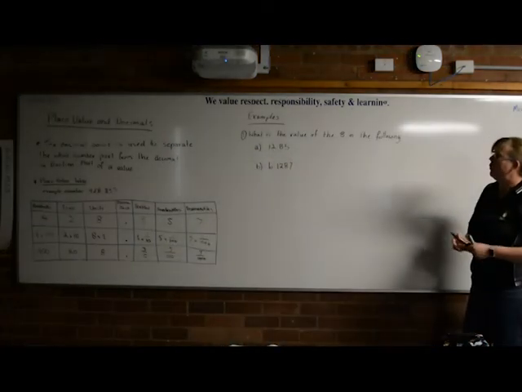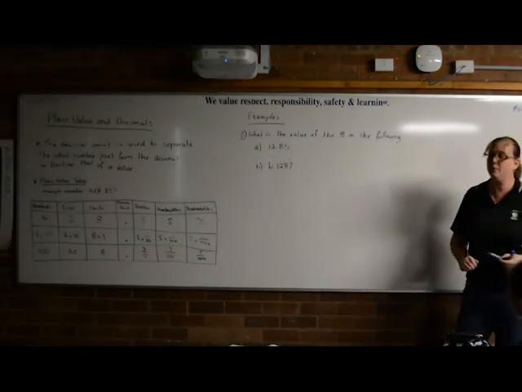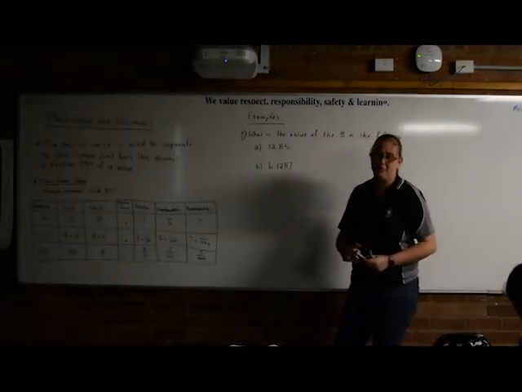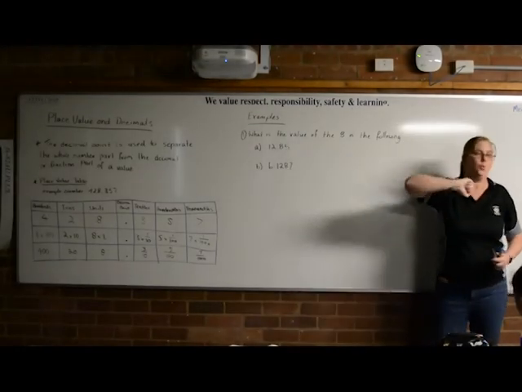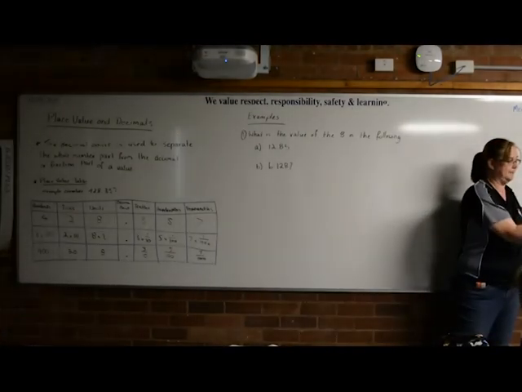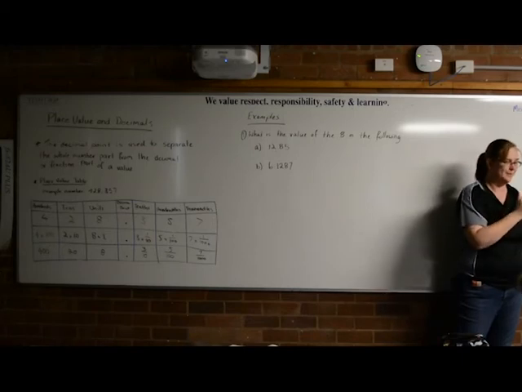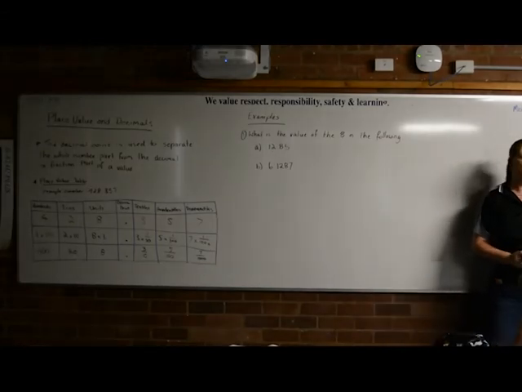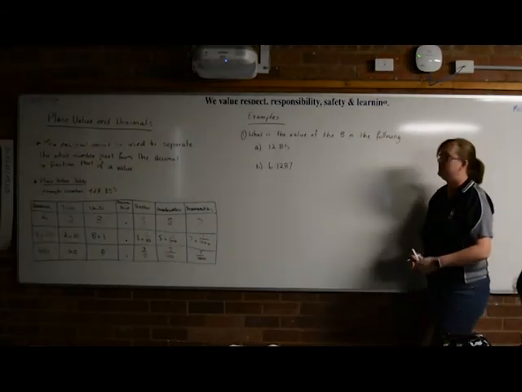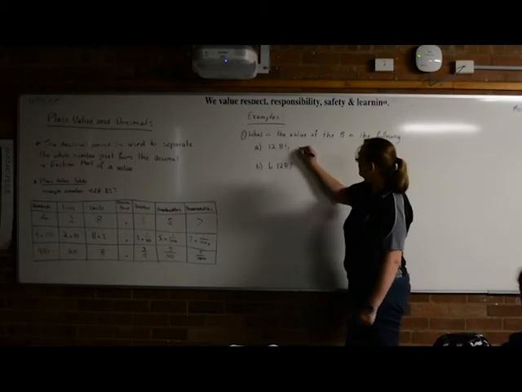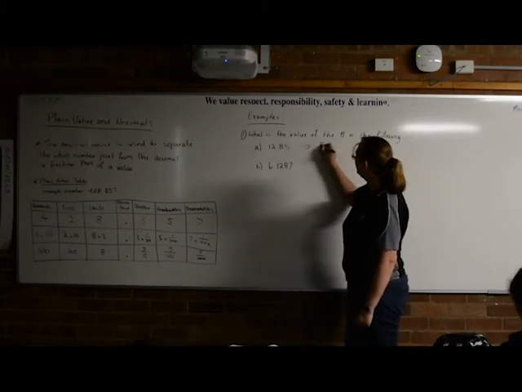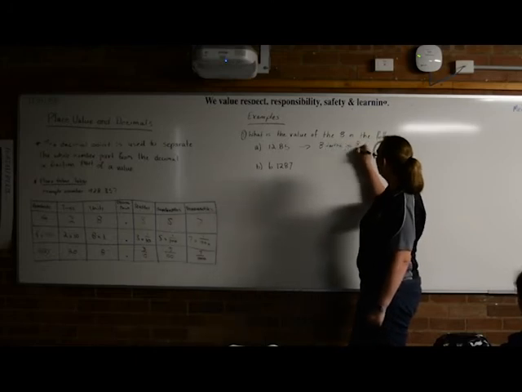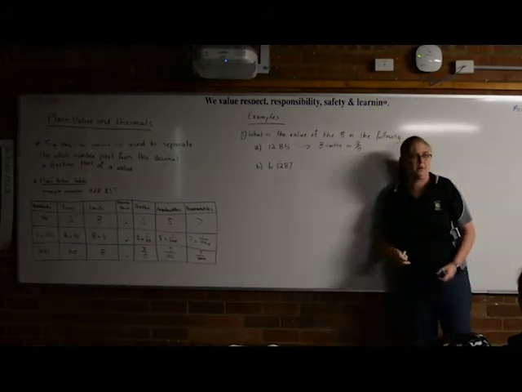There's our first one. What is the value of the 8 in the following? We have 12.85 and 6.1287. For the first one, what is the value of the 8? 8 tenths.